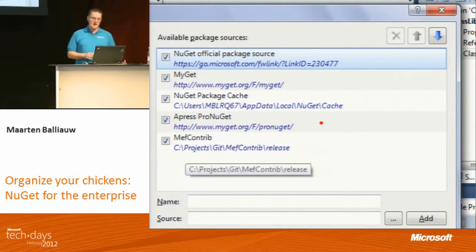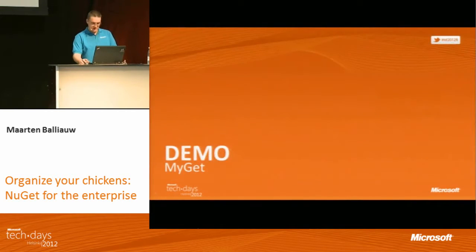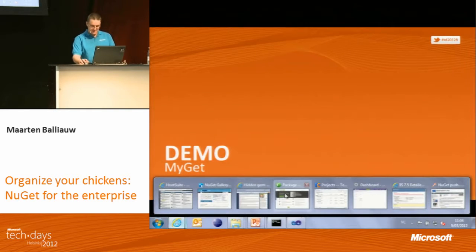Now what you can do with myget is just register one feed and let myget do the linking to all the other feeds. myget can include packages from other feeds as well. So you just have one feed in your Visual Studio. So since that one will probably not be done, I'm going to quickly demo it.